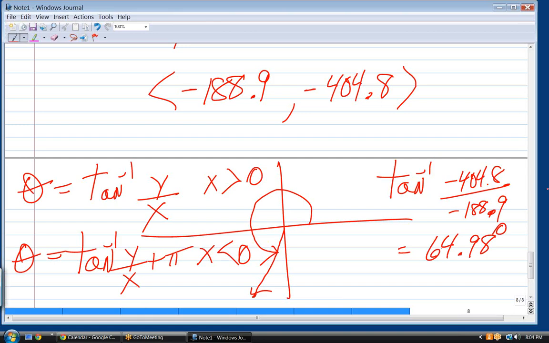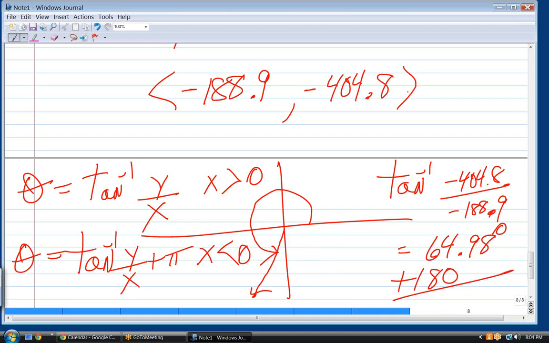Yes, because the denominator is negative, regardless of what the numerator is. As long as x is negative, you add pi to it, or 180. And if you draw a rough diagram like I did, it doesn't even have to be exact, it just needs to be rough, but it tells you what quadrant it's going to be in.